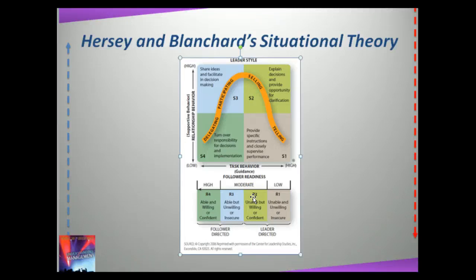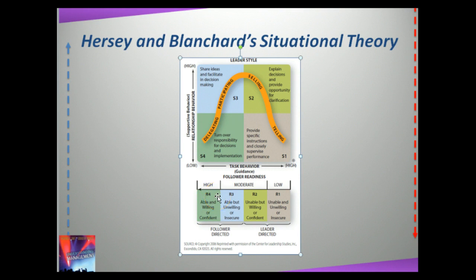So when followers demonstrate a high readiness, that is, they have high levels of education, experience, and readiness to accept responsibility for their own behavior, the delegating style at that point can be effective and fall within that area of high readiness.